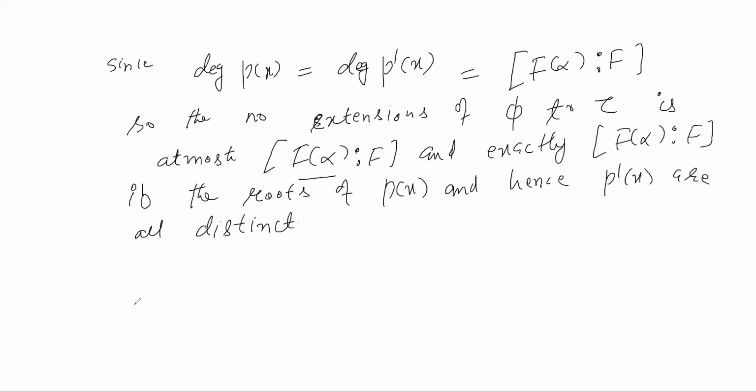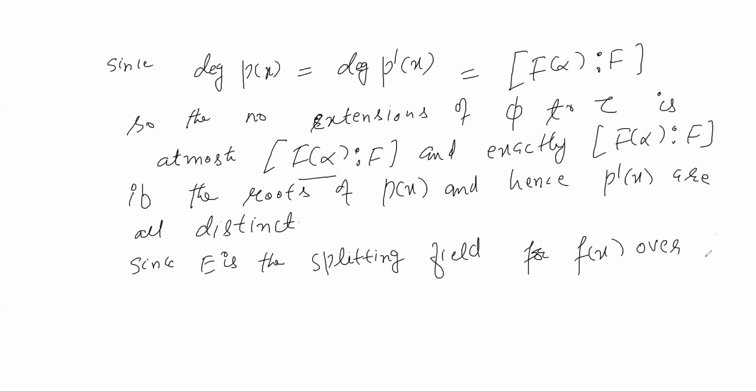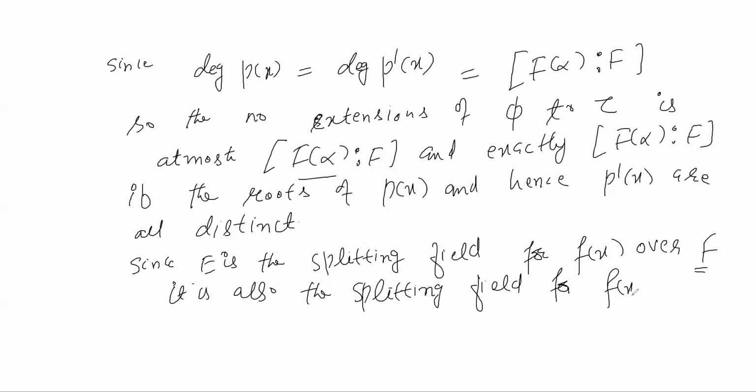Now since E is the splitting field for the polynomial f x over F, this is our assumption, it is also the splitting field for f x over F alpha, because this polynomial also belongs to F alpha x.